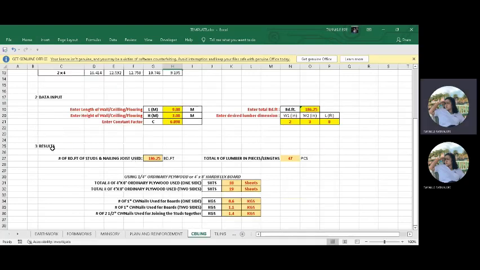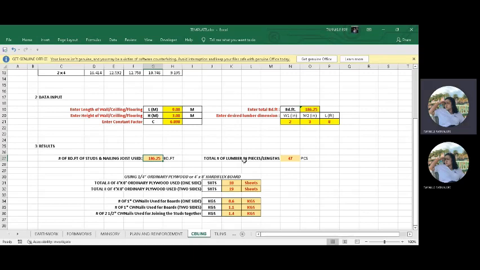So the results, we have the number of board feet of studs and nailing joints used is 162.25, and it is composed of these three to get the studs and nailing joints.